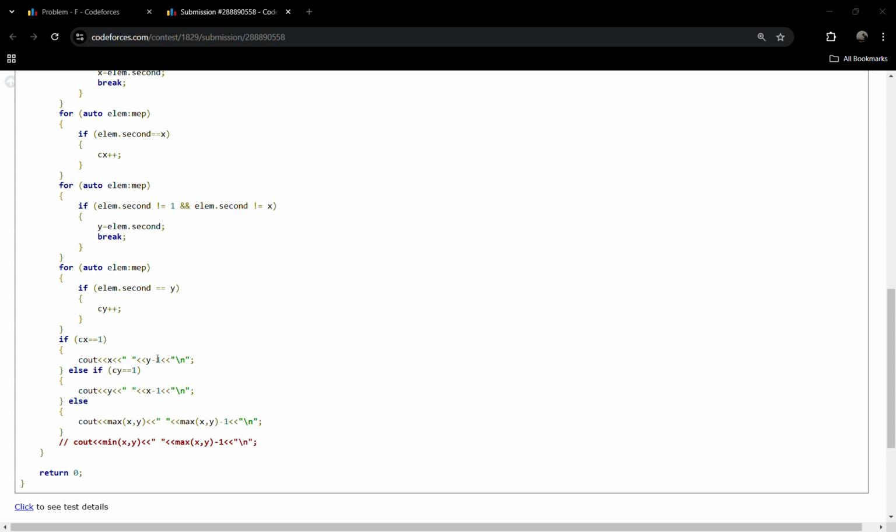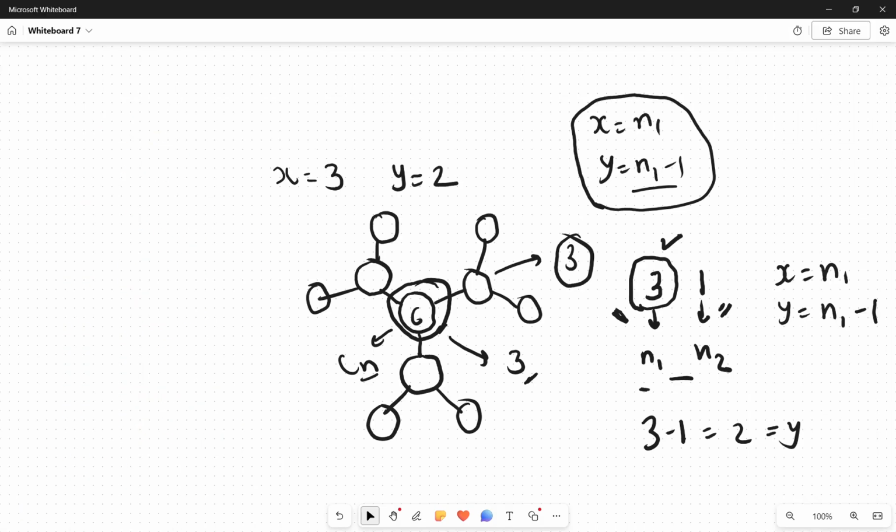If you are wondering why y minus 1 here, because here you can see, we have to check for this edge and not for this edge for counting y, right? The degree of this vertex will also include this particular edge, so we don't have to add it to our answer.